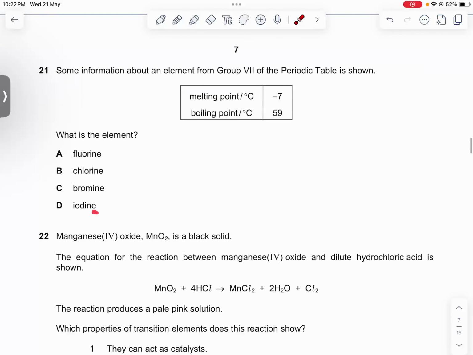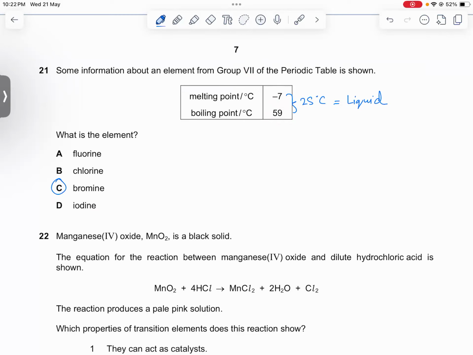Next question. Some information about an element of group 7 of the periodic table is shown. The melting point of the element of group 7 is -7. Boiling point is 59. Meaning it is liquid at room temperature, right? Because room temperature is 25 degrees. It would be liquid. And which one is liquid?